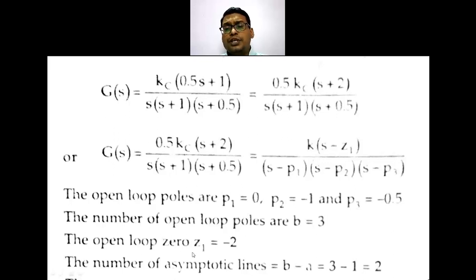The open loop zero Z1 is equal to minus 2. So A will have the value of 1 and B will have the value of 3. We are doing B minus A, which is equal to 2. That gives the asymptotic lines. How many asymptotic lines will there be?